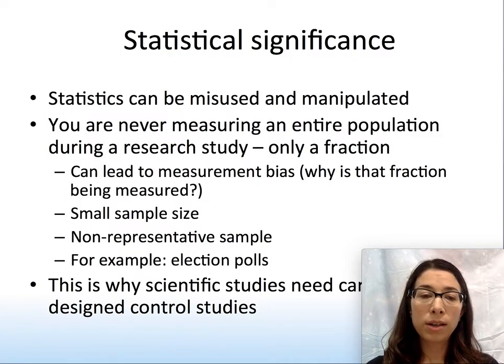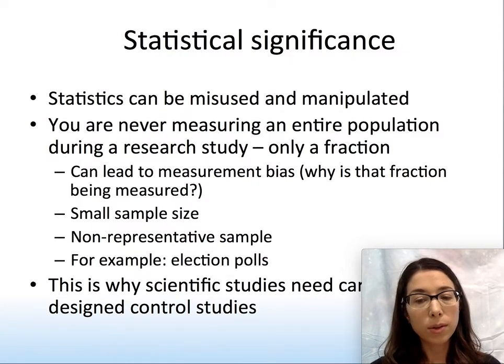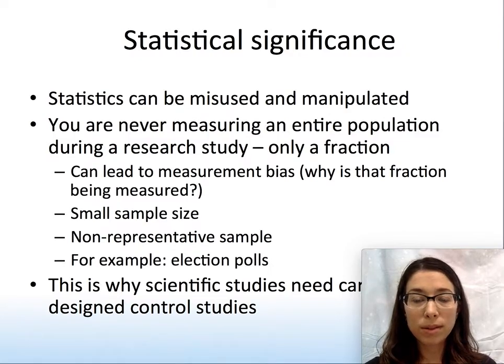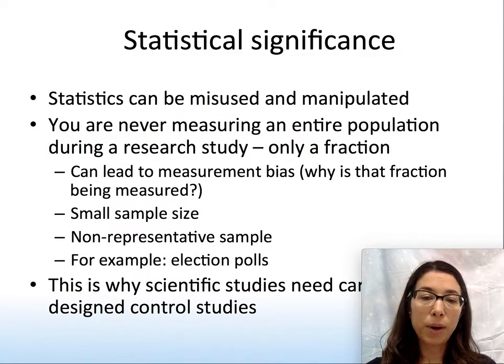You are almost always looking at a small part of the population, right? I guess in some cases it is possible to measure every individual on Earth, but that is almost never the case. So usually we're only looking at a fraction of the population. This can lead to measurement bias, right?